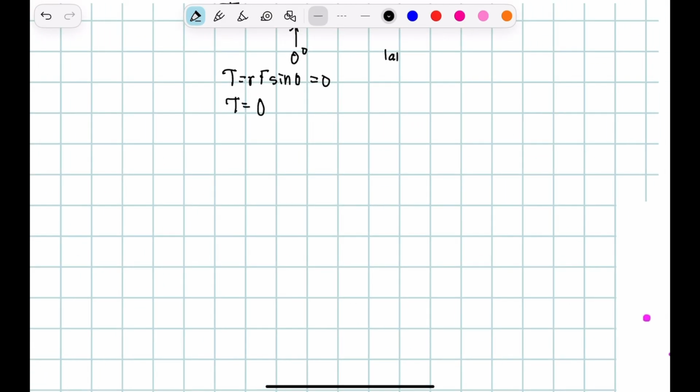So therefore we know that large forces can produce 0 torque if applied through the axis. That would also mean that the radius is equal to 0.